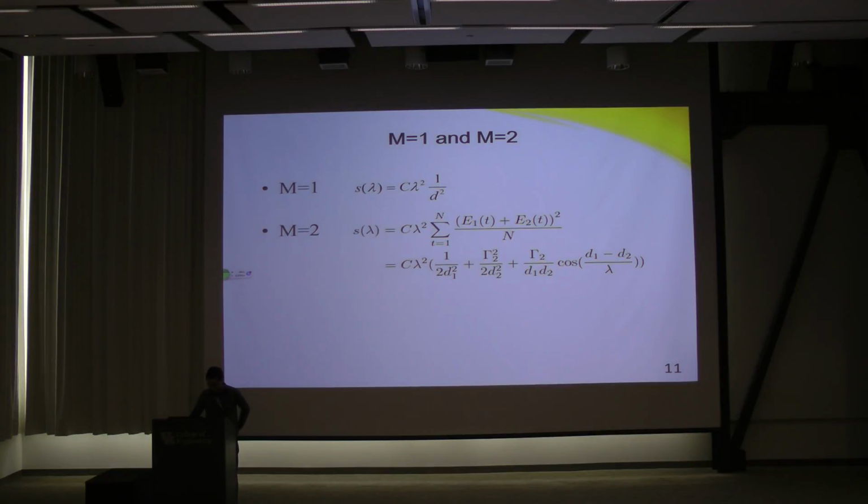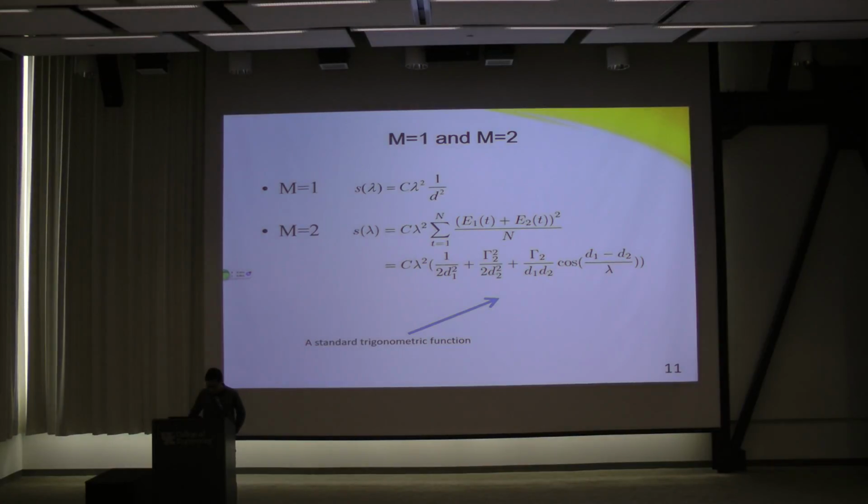And if there are two paths between the sender and the receiver, we combine the equation like this. We found that there is a standard trigonometric function, and we can solve it by the DFT method.